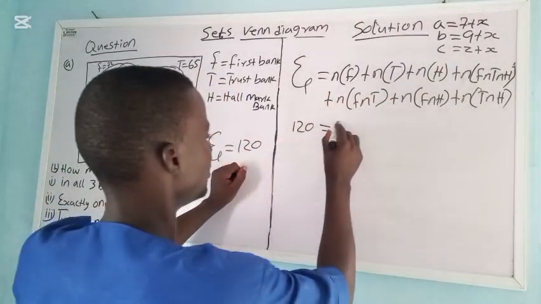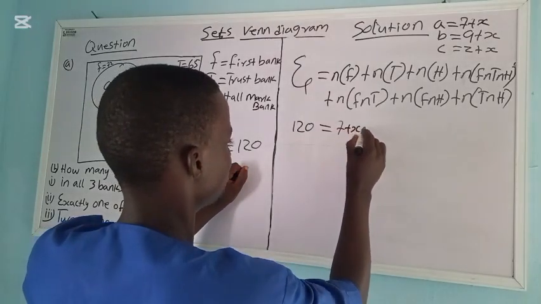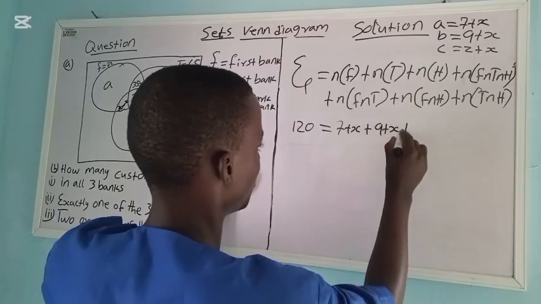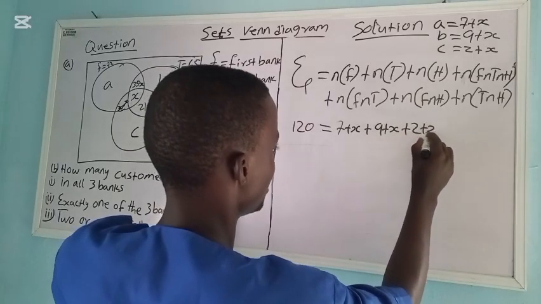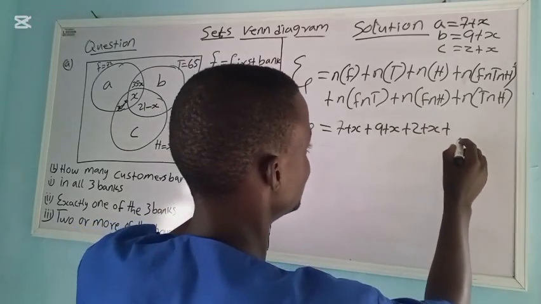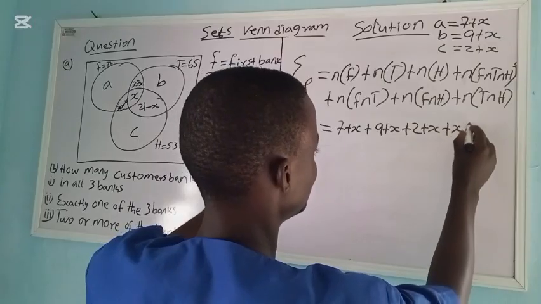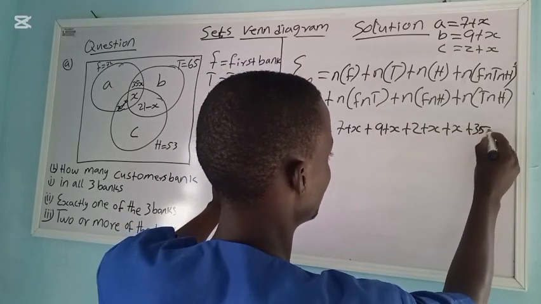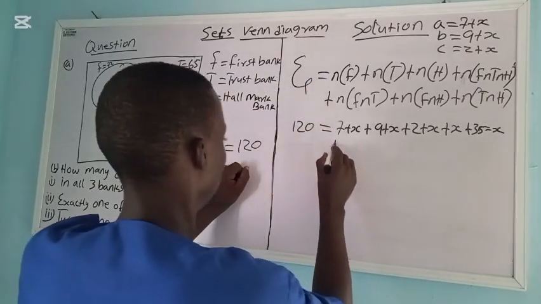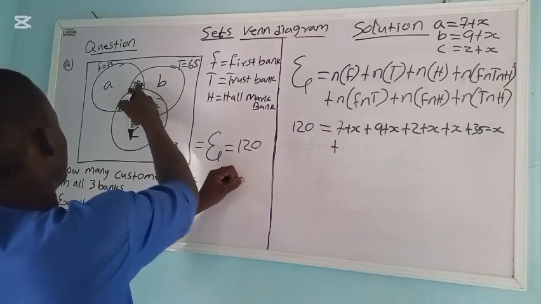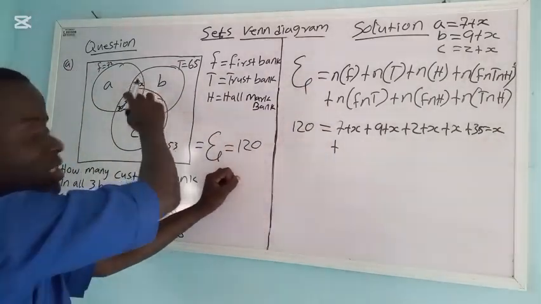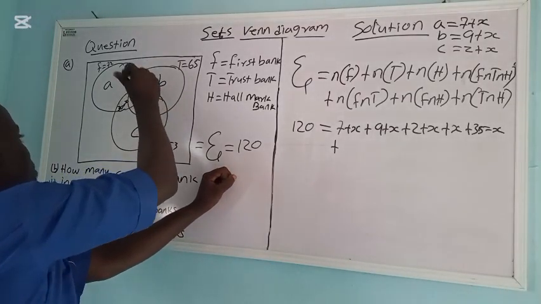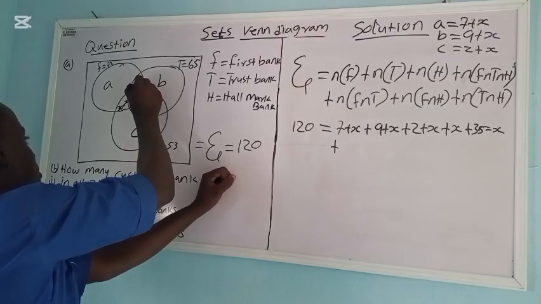So now we'll have 7 plus x plus 9 plus x plus 2 plus x plus this one which is x, plus 35 minus x, because this one is 35 minus x. Please, with no space, that is minus.